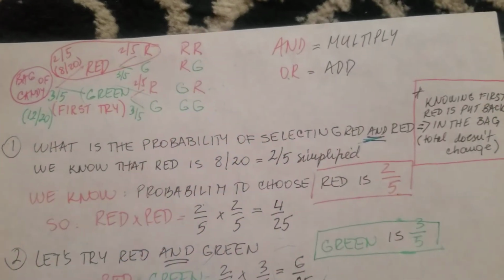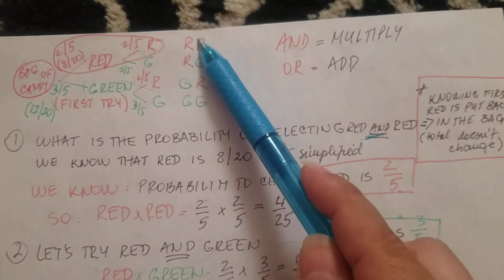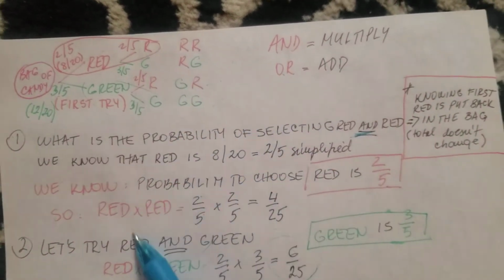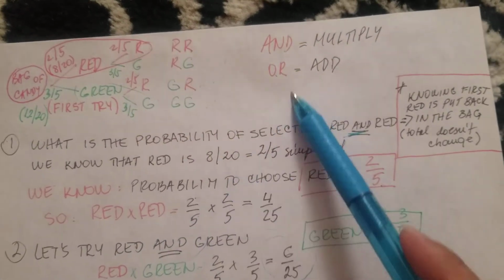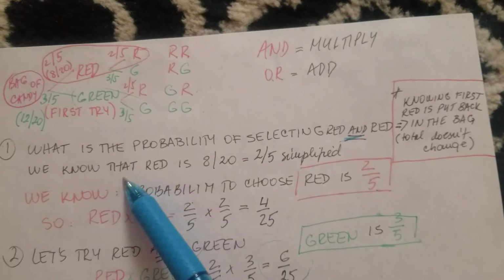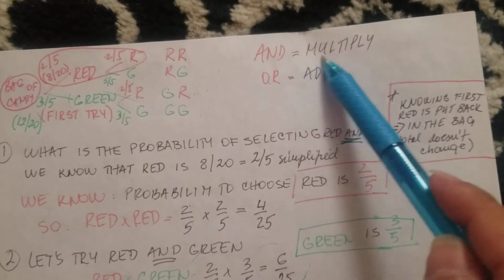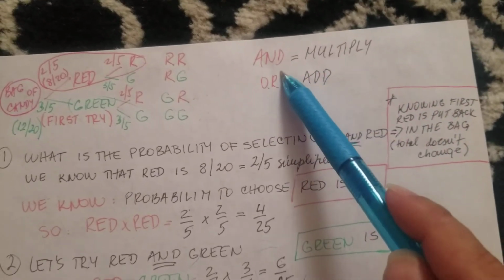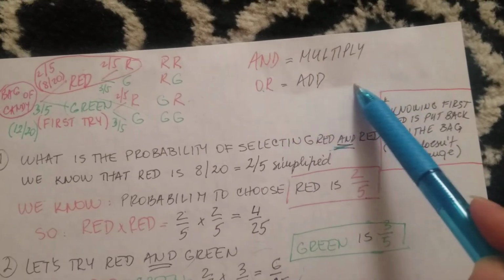Now, if we want to find the probability of picking red and red, then we simply multiply, because "and" means multiplication, while "or" means addition. We add those numbers.